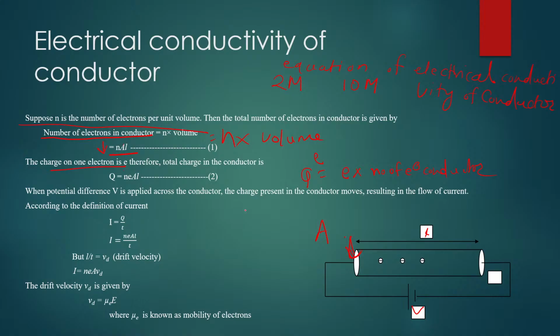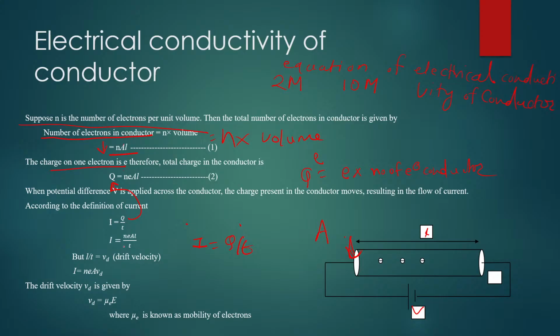Then you know that whenever electrons move from one location to another, current flows. So I is Q by t, the electrons moving per unit time, that is the current. We already found Q, so just put the Q value.